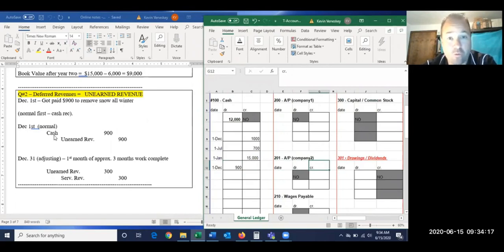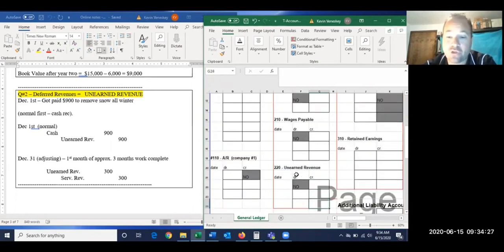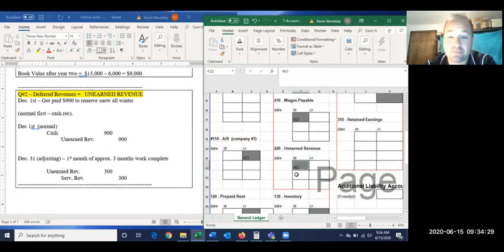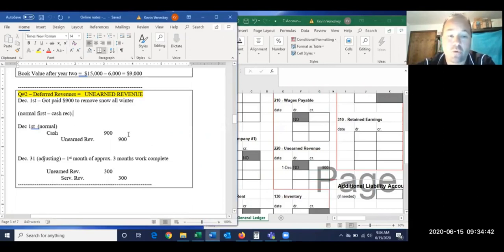You got paid or promised to be paid. We did do that. We did get paid. And the second criteria is the job's done. Job's not done. So I've got to come down to show that I owe somebody a job. I owe them on December 1, $900 of a job that I'm going to do equally over the next 3 months. So on December 1, that would be our journal entry.